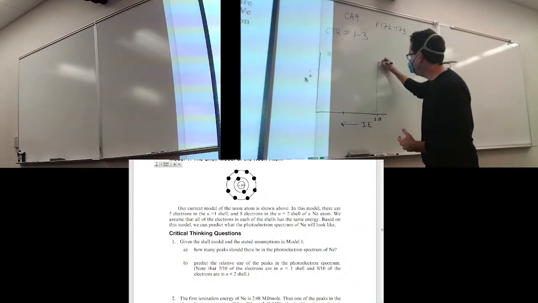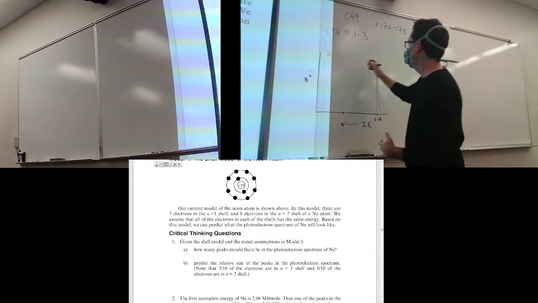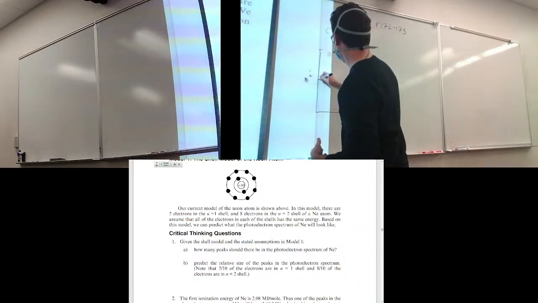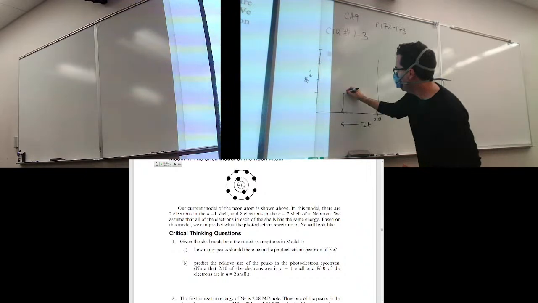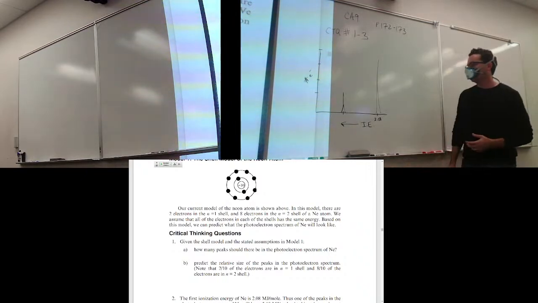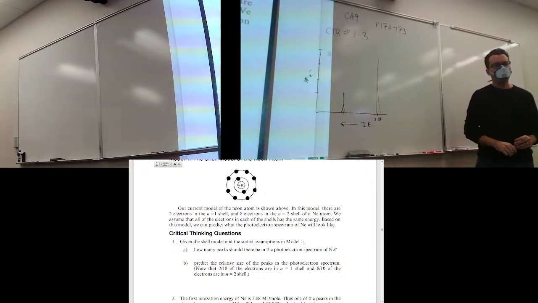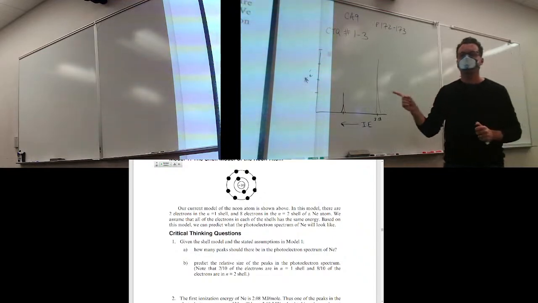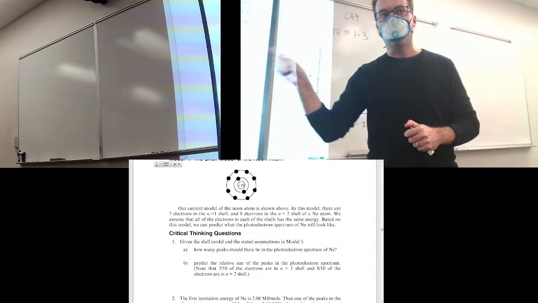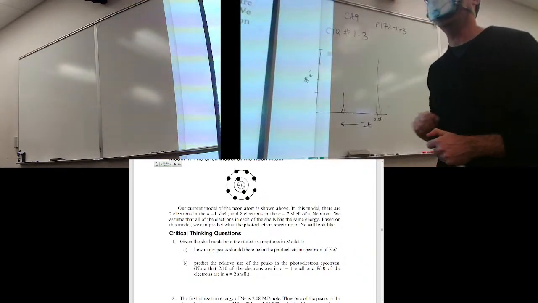This one is going to be 4 times as high. So if I divide this into 4, 1, 2, 3, 4, like that, this one is only going to be 1 high. That's what we should see if our shell model is correct, if this is a proper way to think about this atom.